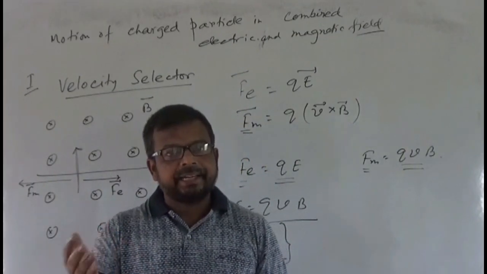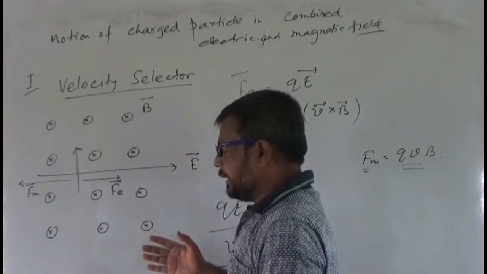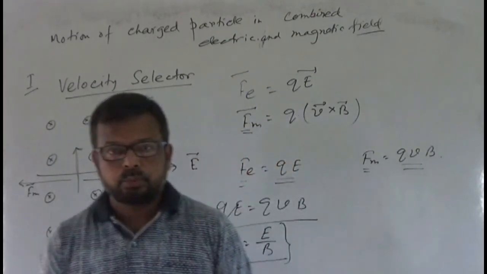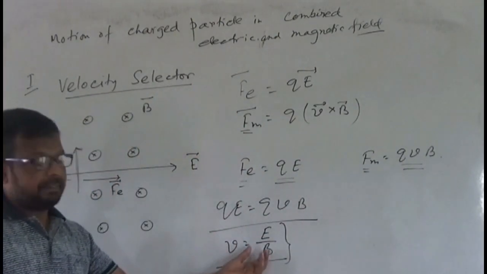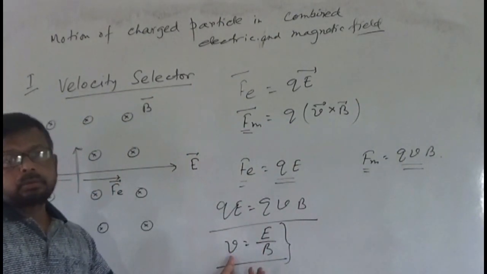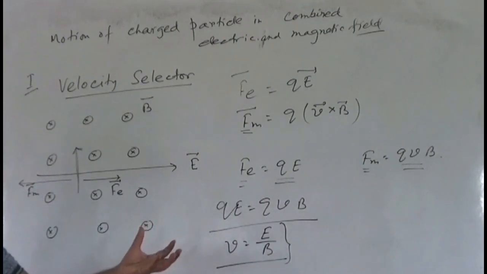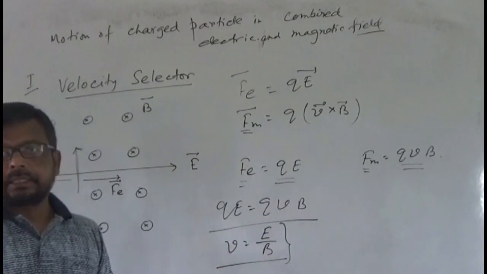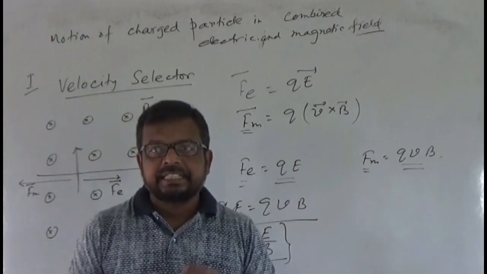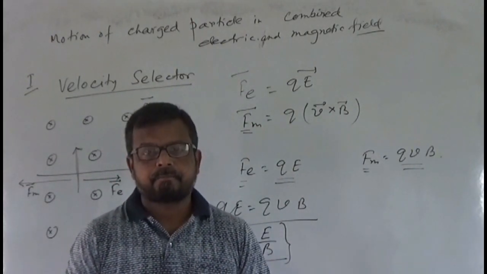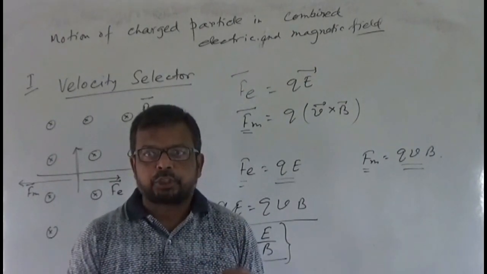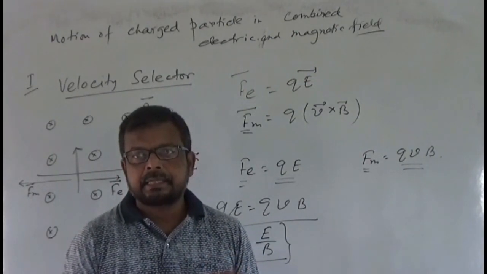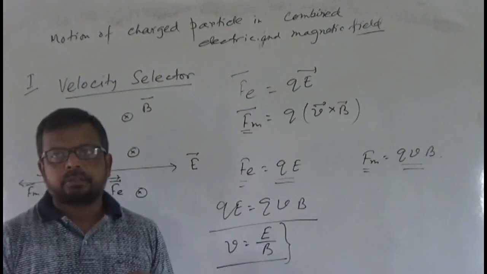Clear? And the particles that have a velocity other than this experience a force, and that will deflect their path. The crossed E and B fields therefore serve as a velocity selector. Only particles with speed E by B pass undeflected through the region.